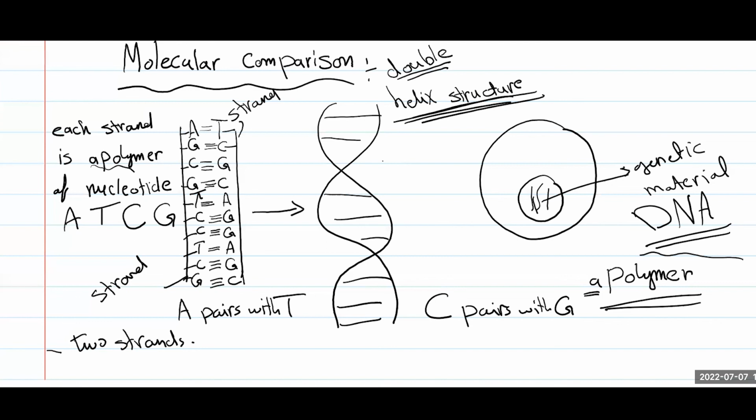If they compare the nucleotides, no benefit because we have the same nucleotides. But the sequence of bases is the most important point to compare the genetic information of one organism to another. That's why we call it molecular comparison, because here I will not depend on external features or internal features.